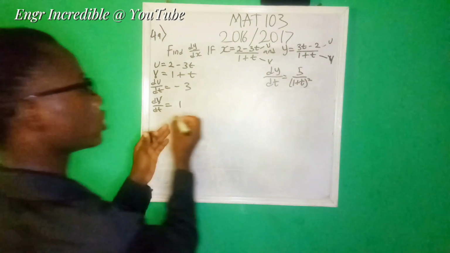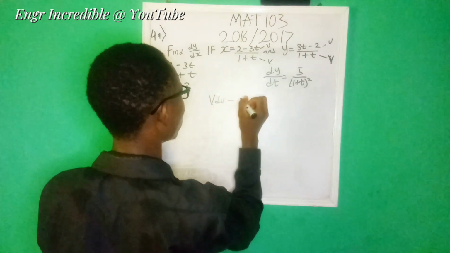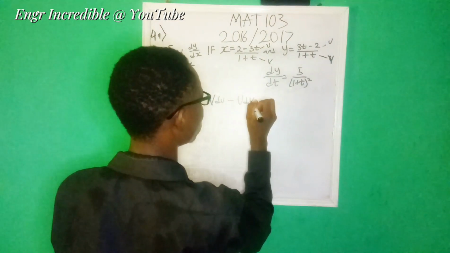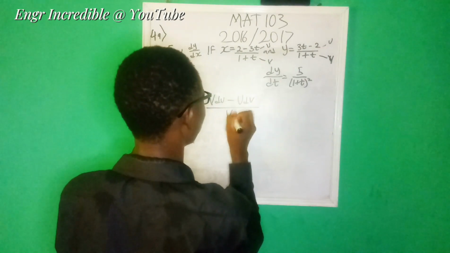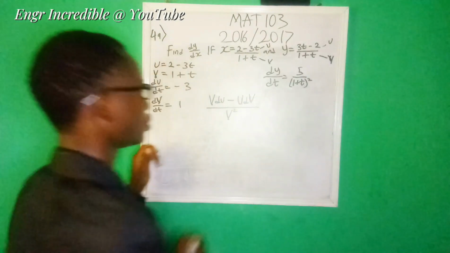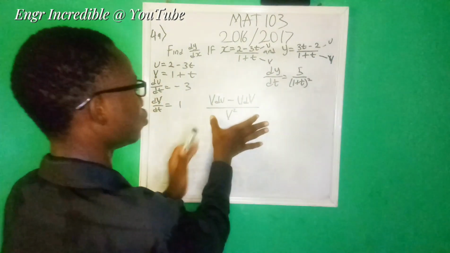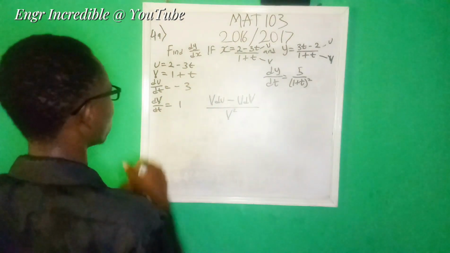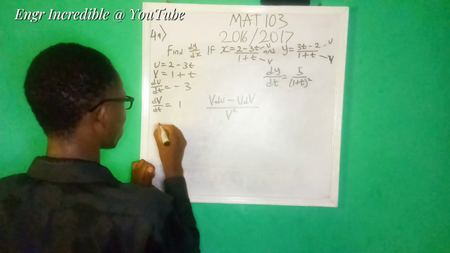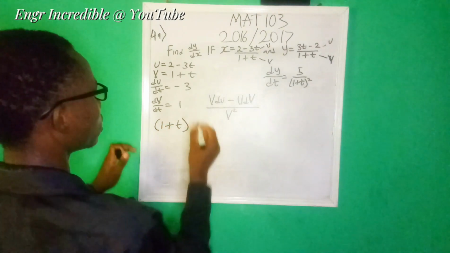So using the quotient rule that states that v du minus u dv all over v square. This is the formula for the quotient rule. So that is the formula that we are going to be using. We have our v here is 1 plus t, close the bracket, times du.